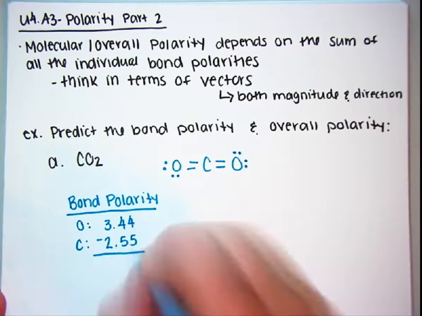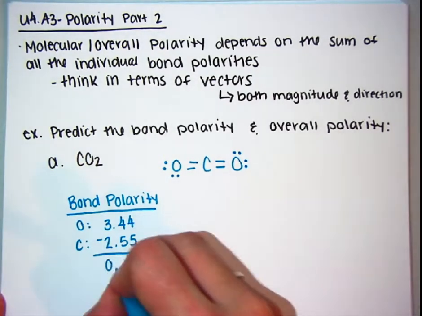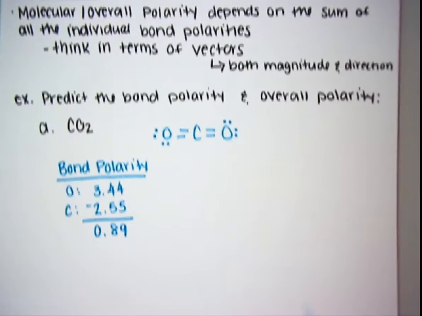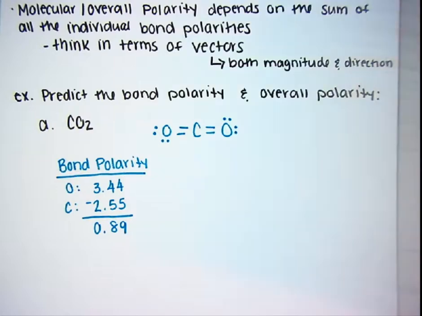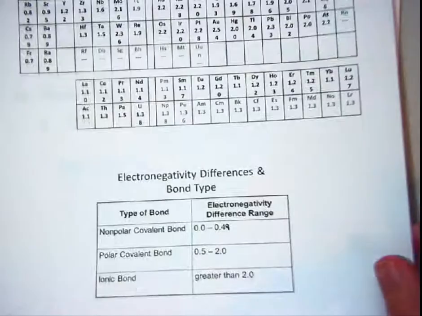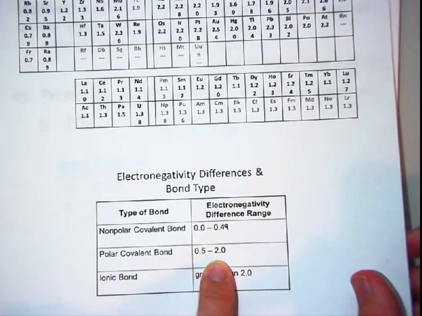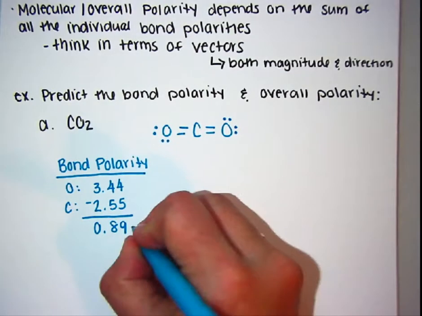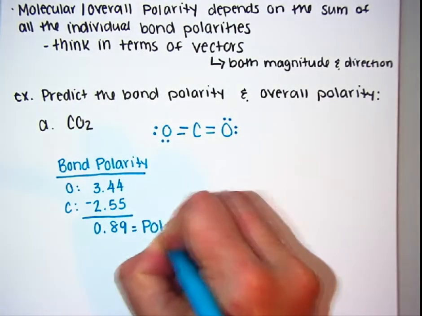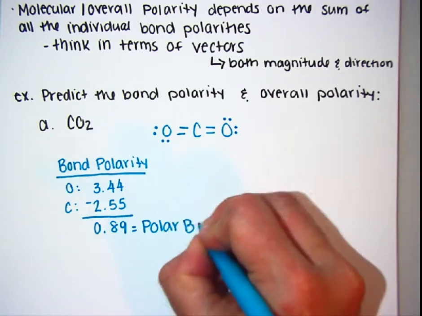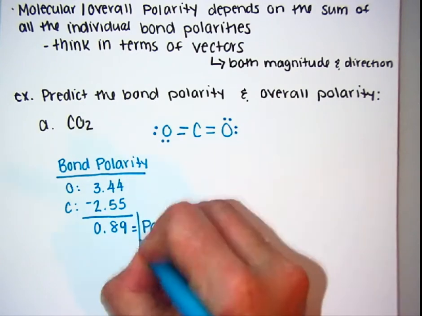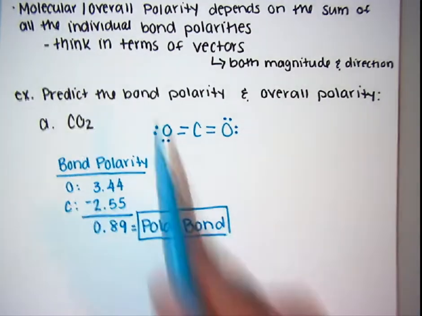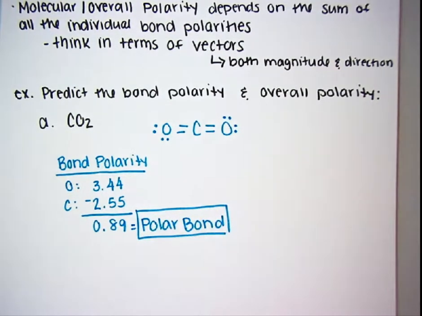Always do the bigger number minus the smaller number, and my difference is 0.89. I could use the table at the bottom of my reference sheet. 0.89 is a big enough difference in electronegativity that this would be considered a polar bond. So that's the first part of this question. The bond polarity is polar.